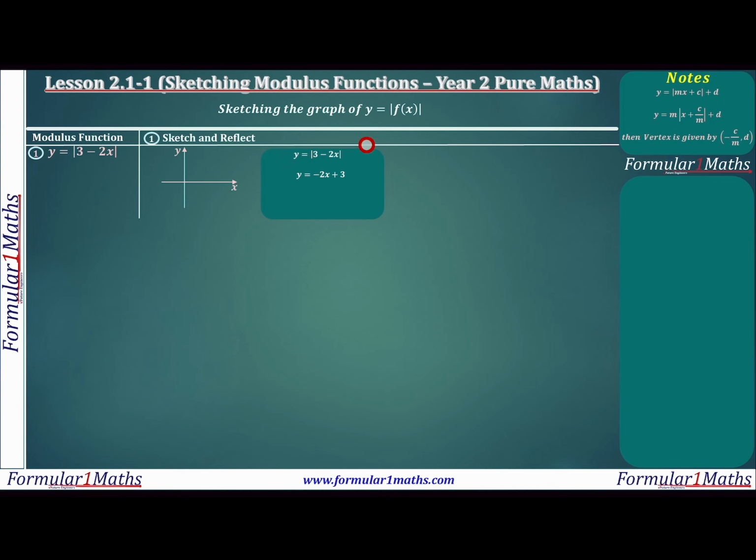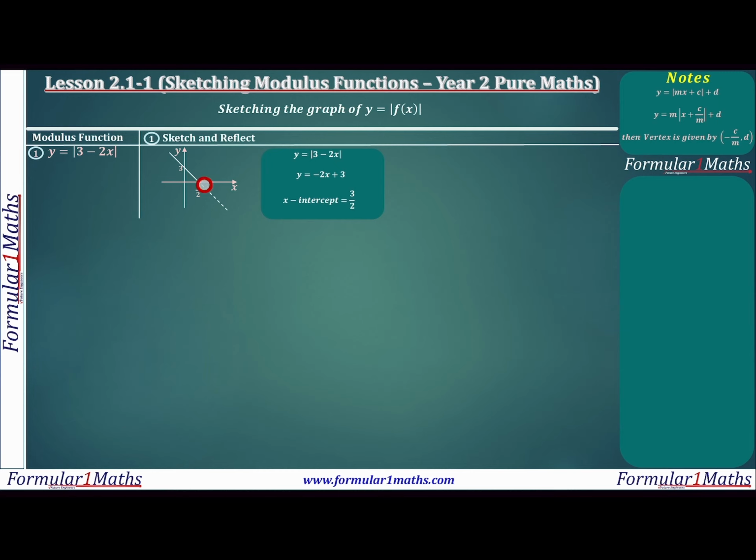That means I need to sketch this curve, which has a negative gradient and a y-intercept of 3. The x-intercept will be 3 over 2. So I can go ahead and sketch this curve to get the following, where the y-intercept is 3, as we saw earlier, and then the x-intercept is 3 over 2.